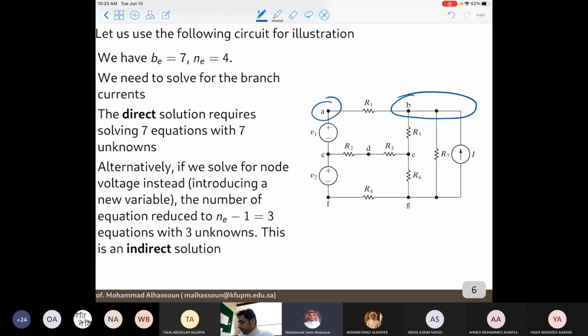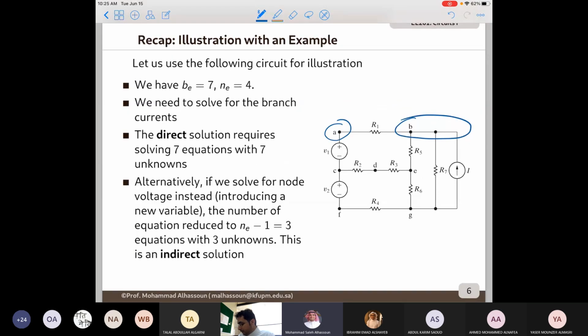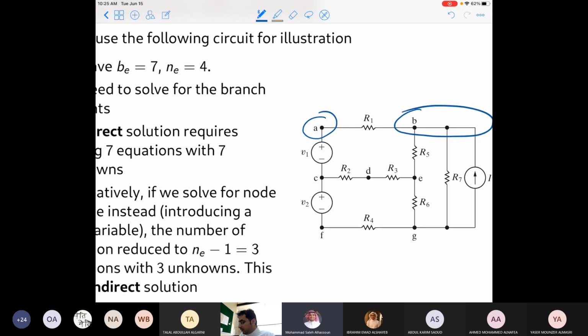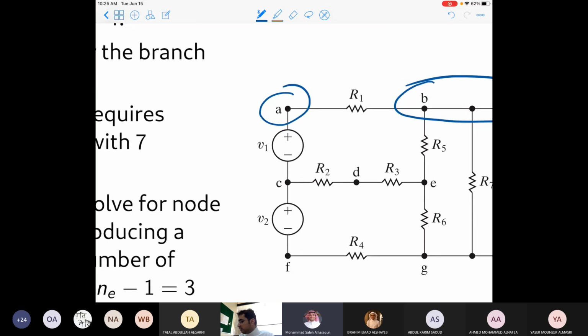In order to solve for the entire circuit, we need to find the current in each branch. For example, we need to find the current that flows in this branch, this branch, this branch, and as well in this branch. We have a lot of branches.